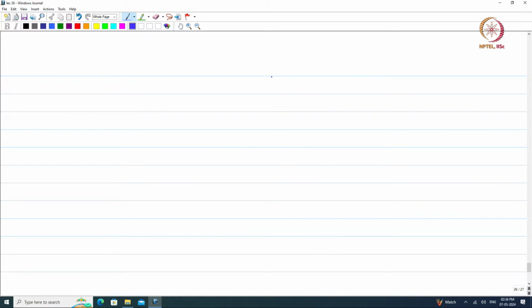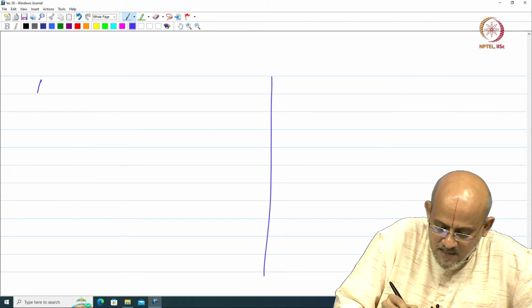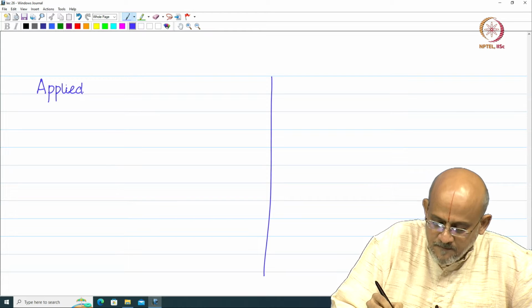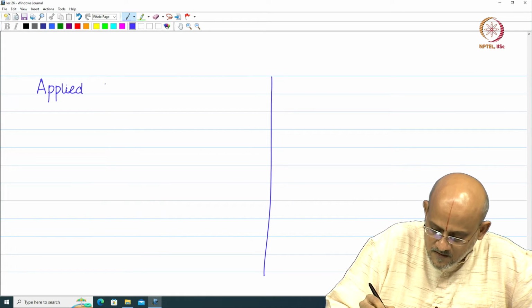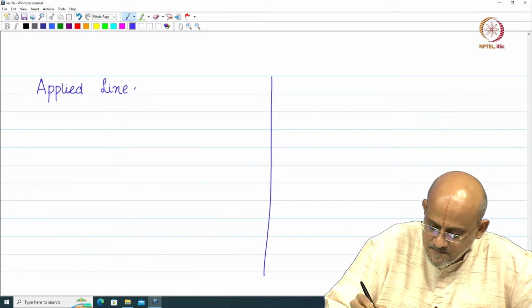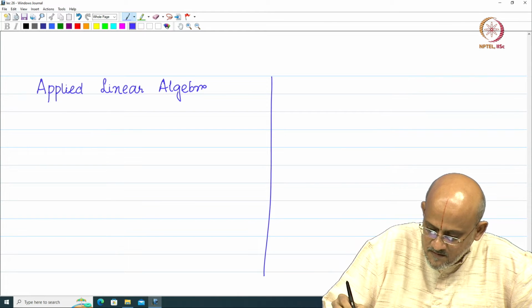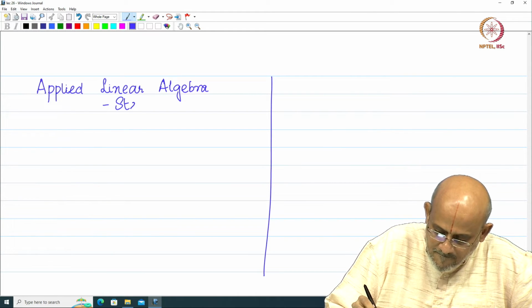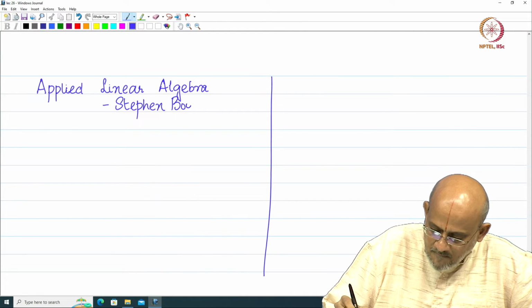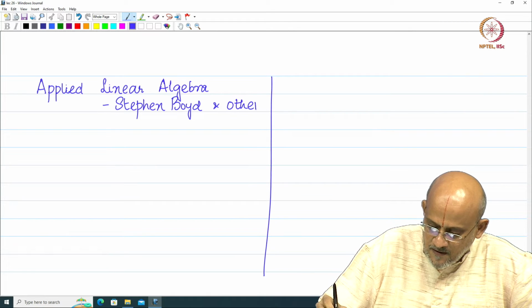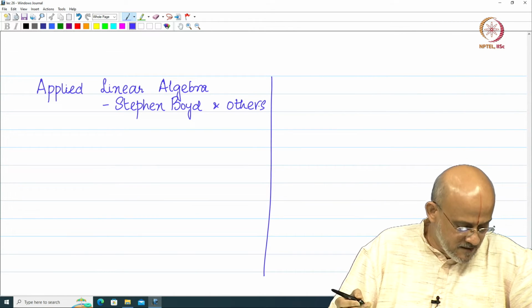Now, where do we apply this? In fact, if you look at the textbook on Applied Linear Algebra by Stephen Boyd and others, he very nicely gives a very interesting application of the linear combination of vectors.